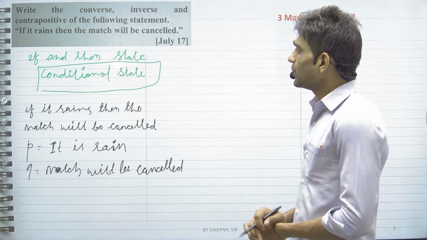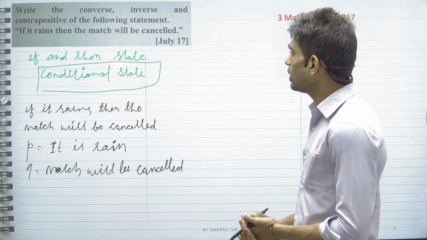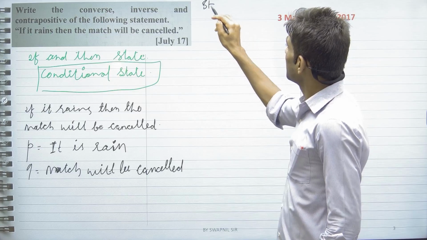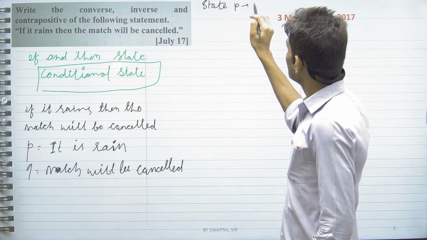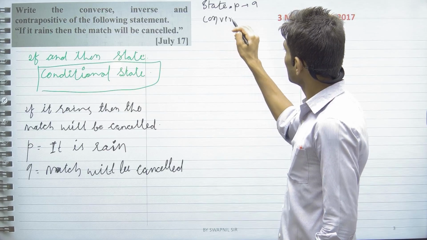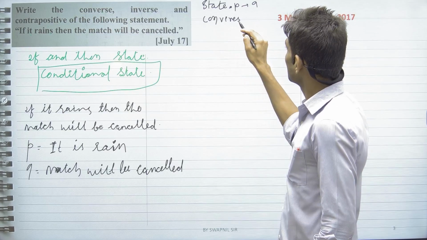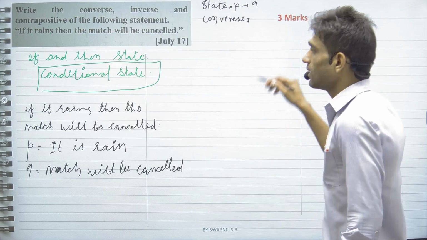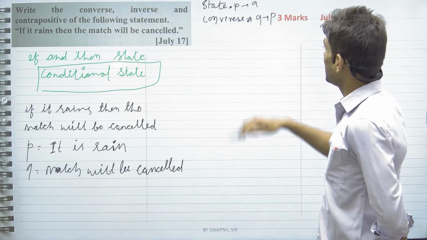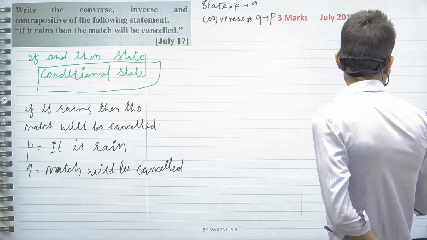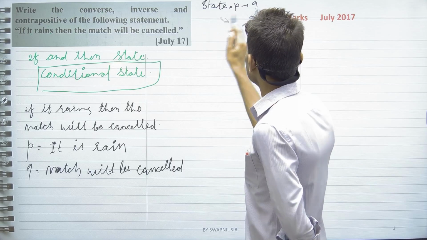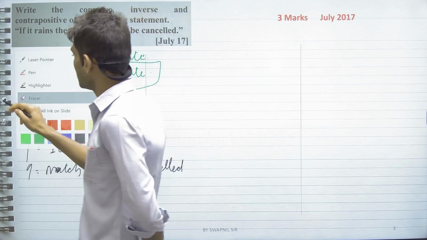Now, using these two statements, first of all define converse, inverse, contrapositive. We have the statement P implies Q. Its converse says Q implies P. Let me use another ink so you can find it easily.